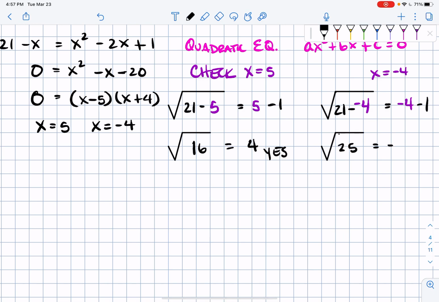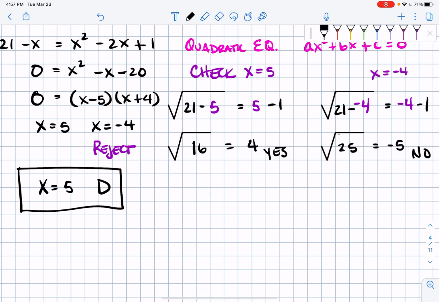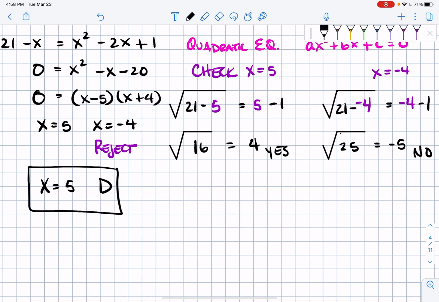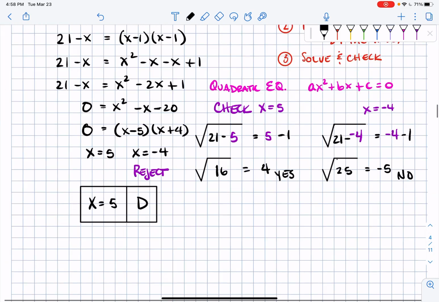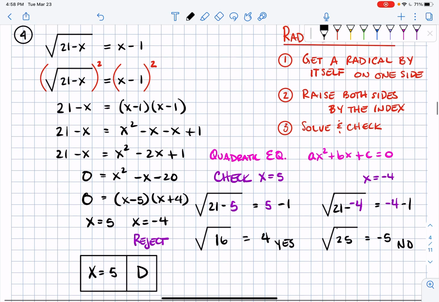Is that equal to negative 5? And that is a definite no. Okay? So I'm going to have to reject this one. And x equals 5 is my only answer. So that is going to be choice D. There you go. All right. So that is number 4.